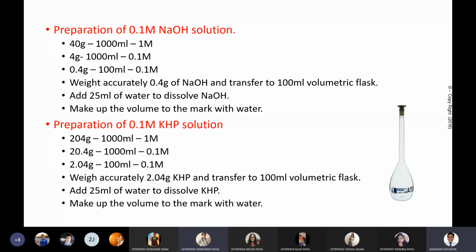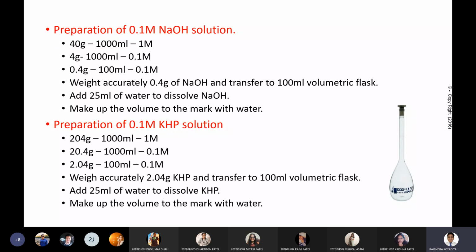Okay, why is that so? Sir, because KHP is highly stable, it has very high molecular mass, while NaOH is not stable and there may be mistakes or miscalculations in the preparation of NaOH. See, as per the definition, standard solution કોને કહેવાય કે whose concentration is known to us.